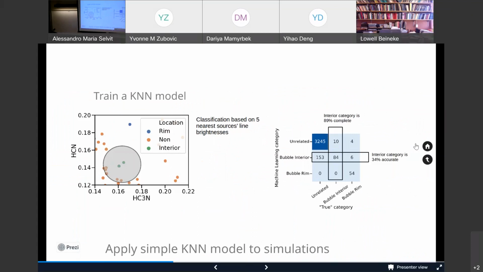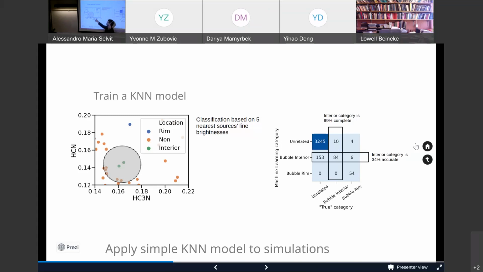So the nearest neighbor model is a very simple model. Briefly, the way that it works is once you train the model, or once you design the model, you give it a source. That is, you give it a set of line brightnesses, and it looks for other sources in its system that are nearest or most similar. It looks for what those sources were categorized as, and then gives you basically a majority rule.